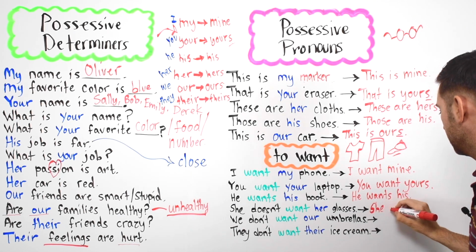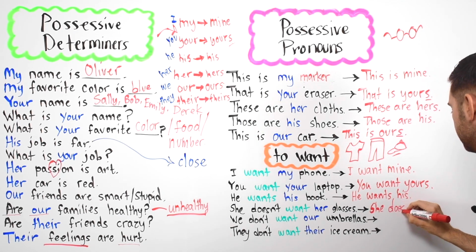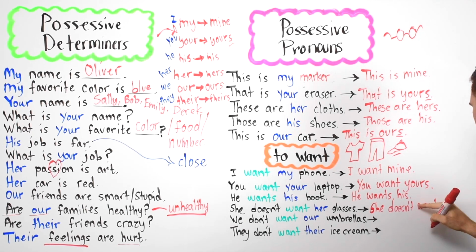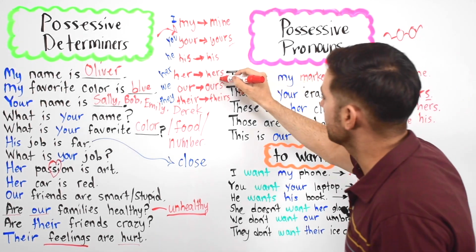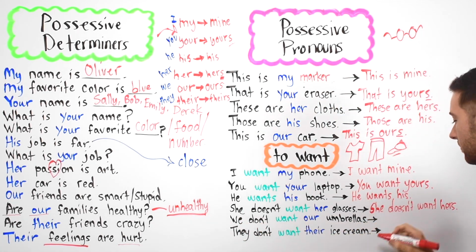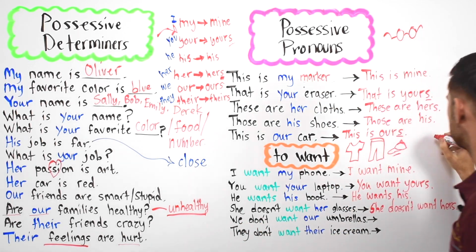She doesn't want hers, H-E-R-S, with an S right here. She doesn't want hers. We don't want our umbrellas. And you know what an umbrella is, right?